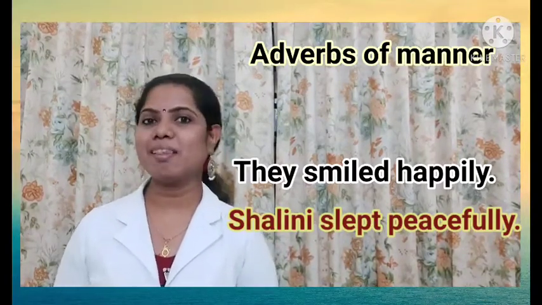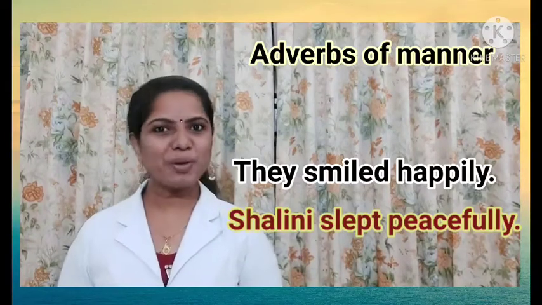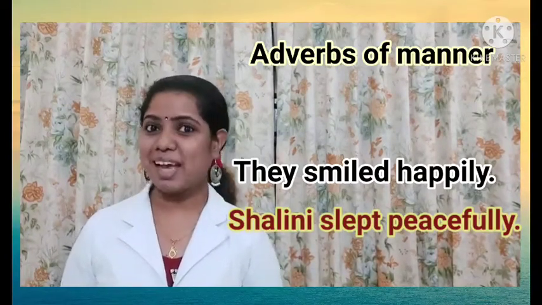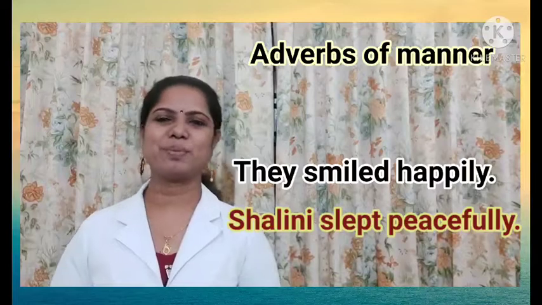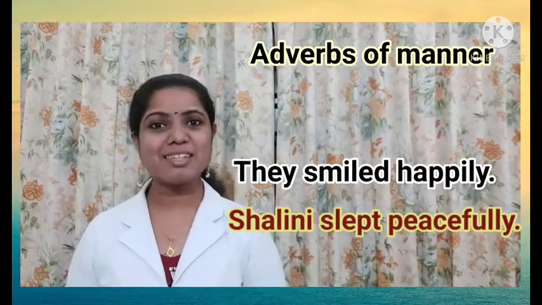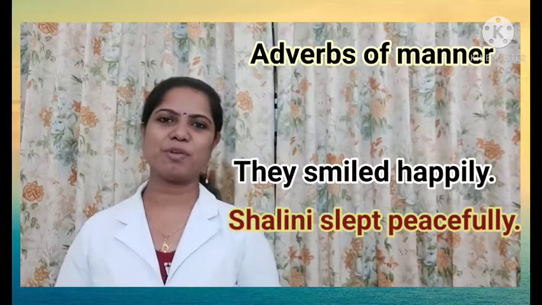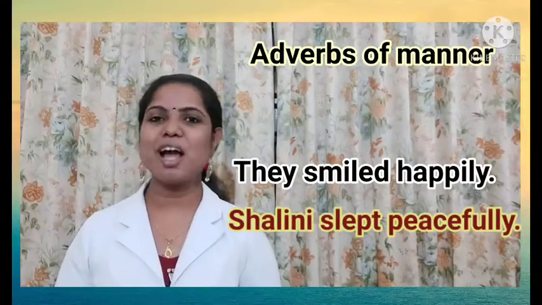The first one, they smiled happily. So it answers the question, how? How did they smile? They smiled happily. Happily is the adverb. Next one, Shiny slept peacefully. How did Shiny sleep? She slept peacefully. Peacefully is the adverb. So it answers the question, how?